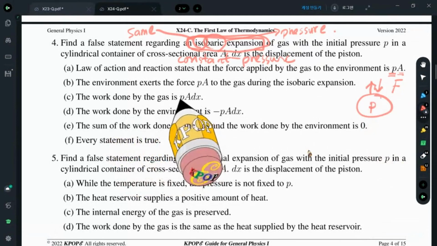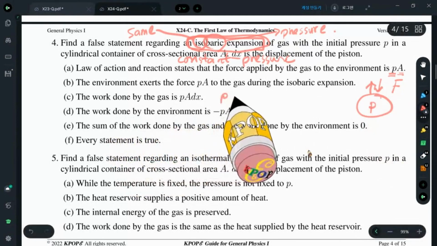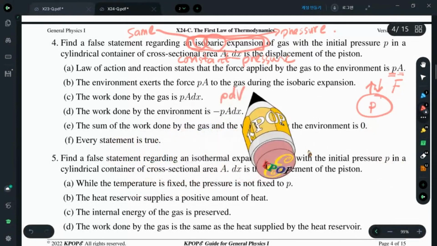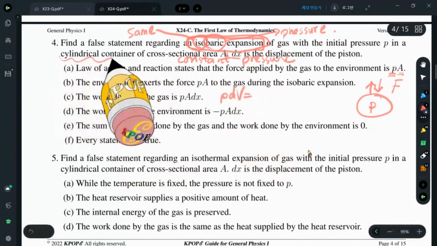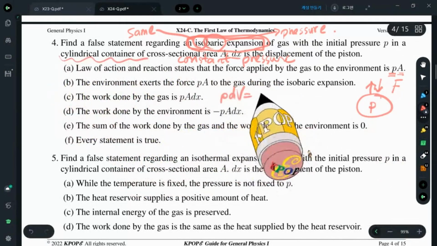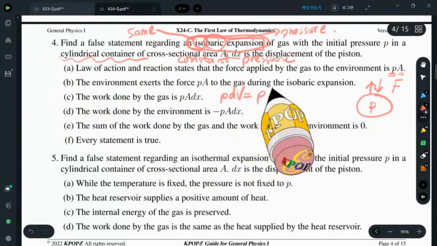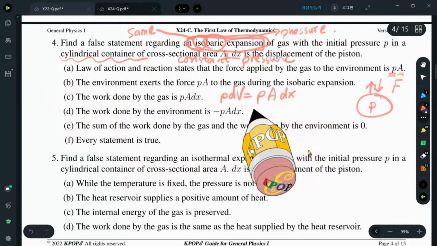The work done by the gas is always expressed in terms of P dV, and if the cross-sectional area is A, this is a cylindrical container, dV is A times dx.